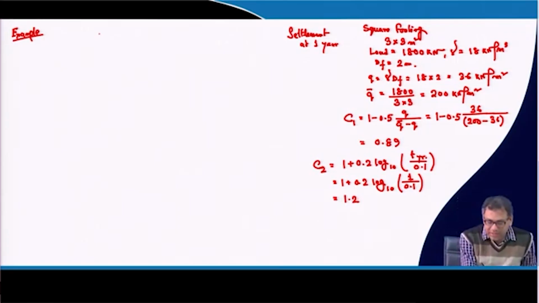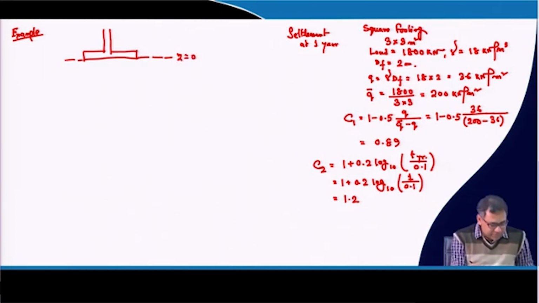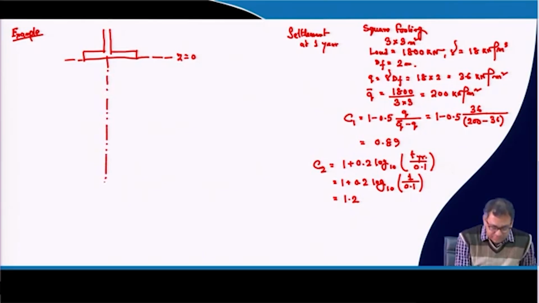Okay, so now we have this foundation. This is the base of the foundation, and here it is considered as z equal to 0. This foundation has 3 layers.